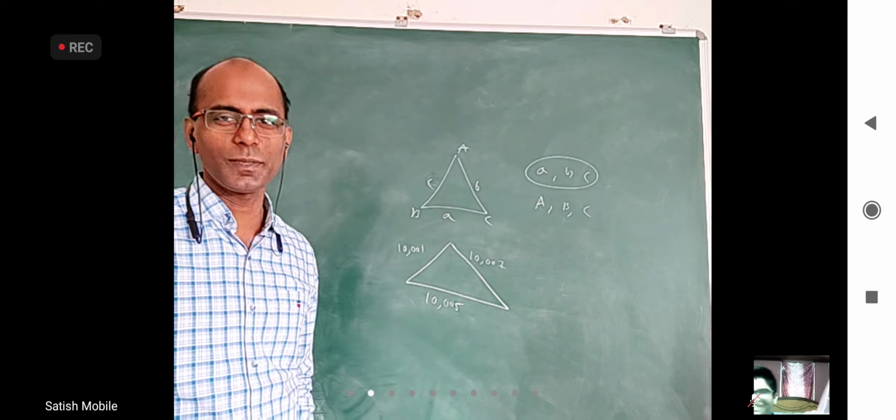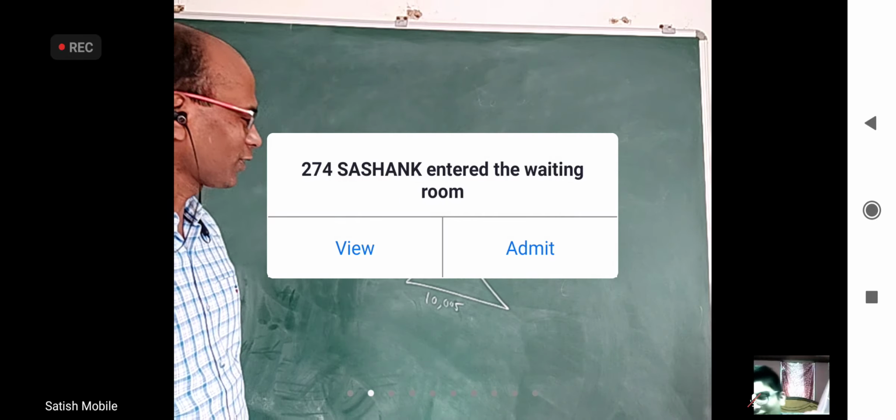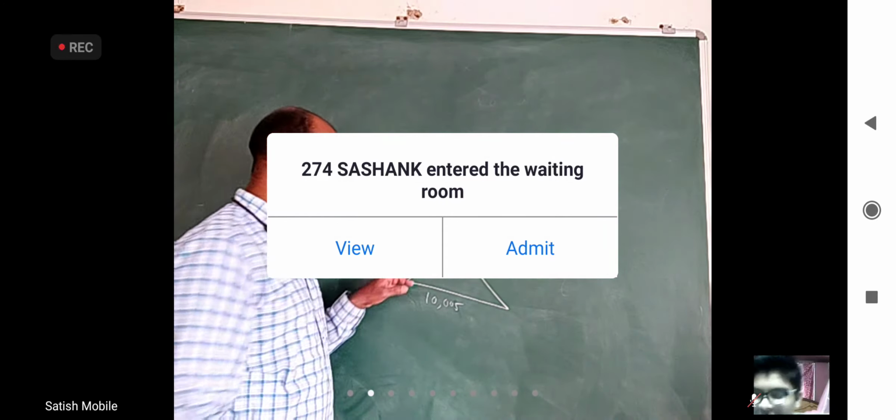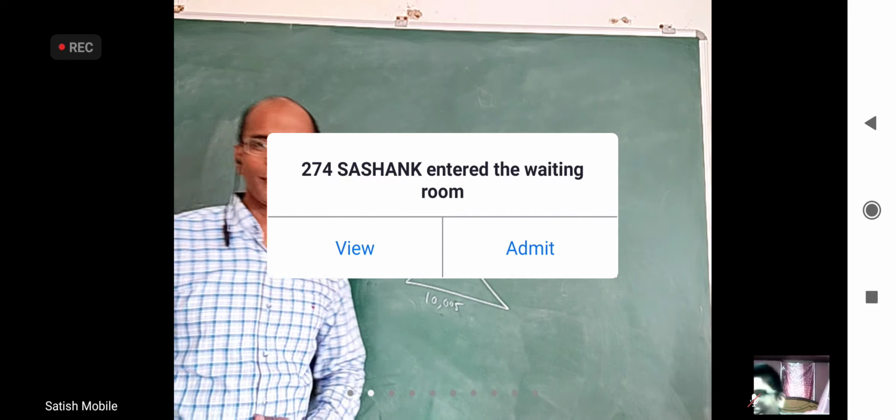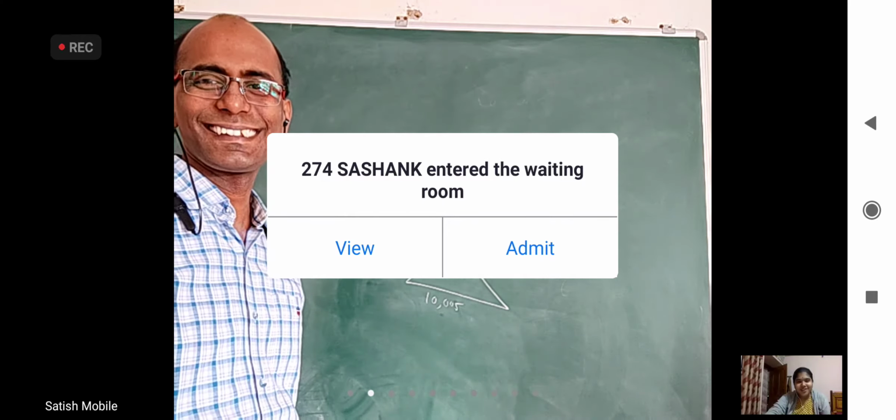What is cos A? We can use cosine rule, nothing wrong. If you want this angle, simply this square plus this square minus this square by 2 into this, right? But there is a small trick. Don't try to find cos A. You try to find tan A by 2, which is square root of (s minus b)(s minus c) by s(s minus a).